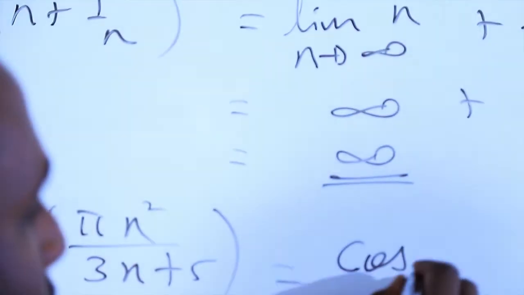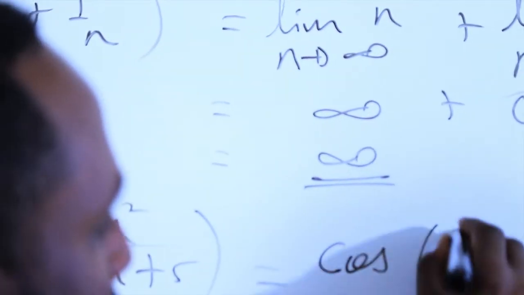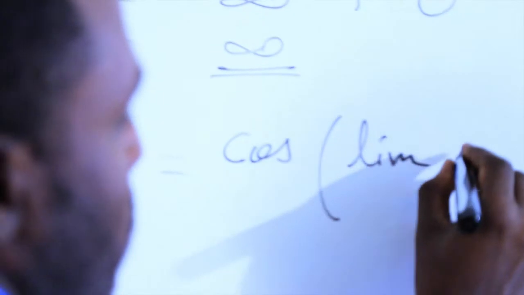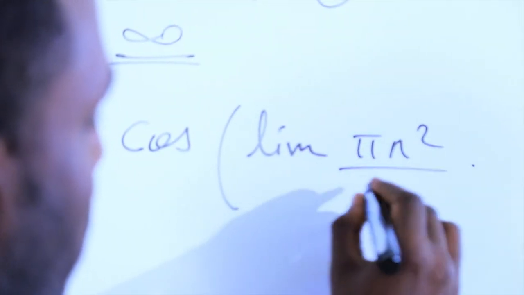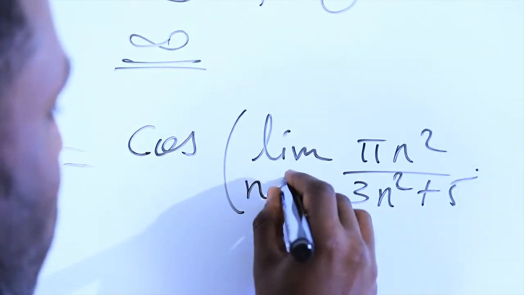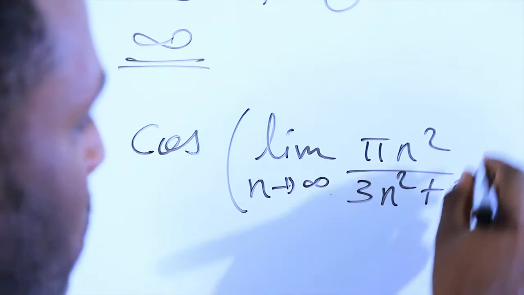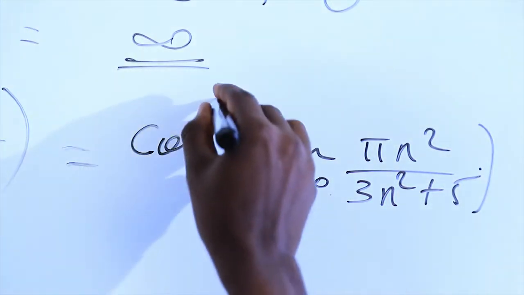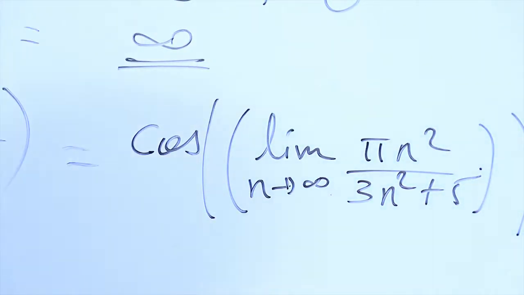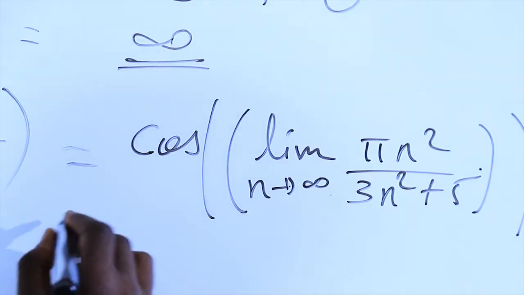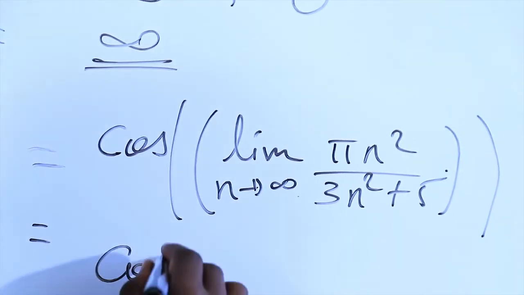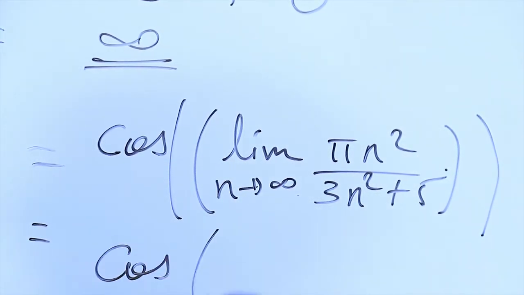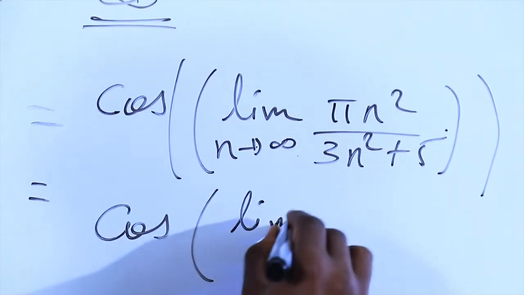So the result becomes the cosine of the limit of the sequence pi n square over 3n square plus 5 when n approaches infinity.